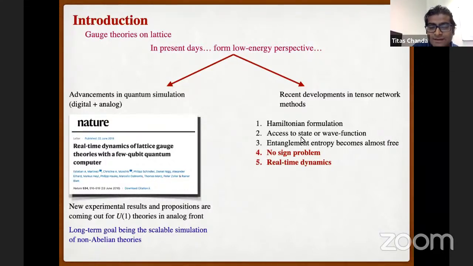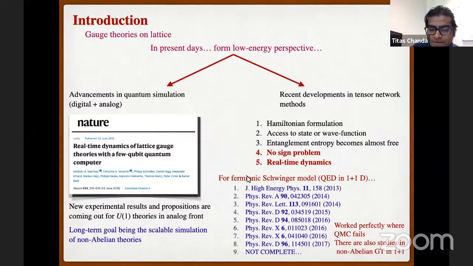That is, we can assign a state or wave function to an underlying quantum field theory. As a result, von Neumann entanglement entropy is accessible and almost free to calculate. And the two main advantages are that there is no sign problem in tensor network methods, and tensor network methods can simulate real-time dynamics, which quantum Monte Carlo cannot.